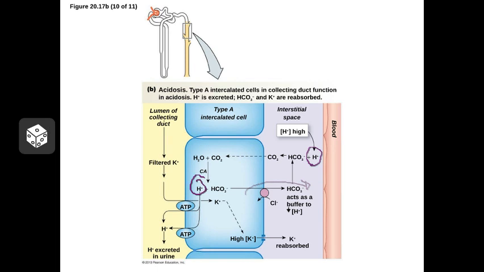What happens to the hydrogen? Two things, both of which require ATP because we're moving the hydrogen against the concentration gradient. One mechanism is to use a hydrogen-potassium antiporter. Potassium is moved into the cell when hydrogen is pumped out of the cell.